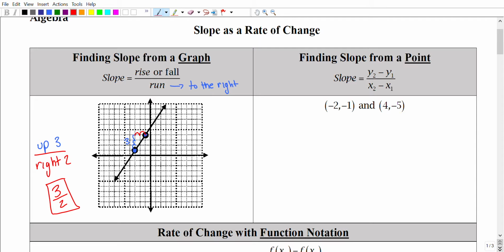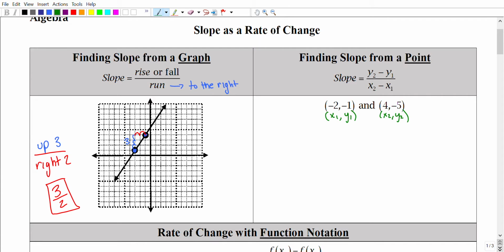So let's go ahead and calculate now the slope given points right here. Okay, so finding a slope from a point, let's go ahead and name these 2 points here x1, y1, and x2, y2.